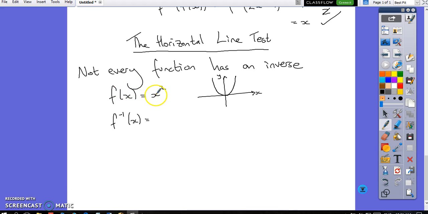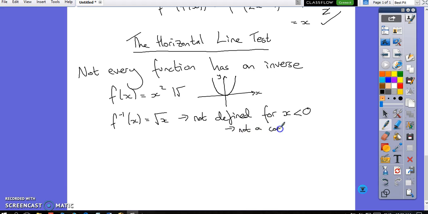We'd try to get x on its own, which would mean then taking the square root here, and we'd get the inverse function for this as being the square root of x. However, this is not defined for negative x, because we can't take the square root of a negative number. So not defined for x being less than 0. So not a complete inverse, because it doesn't work for the whole domain of f.